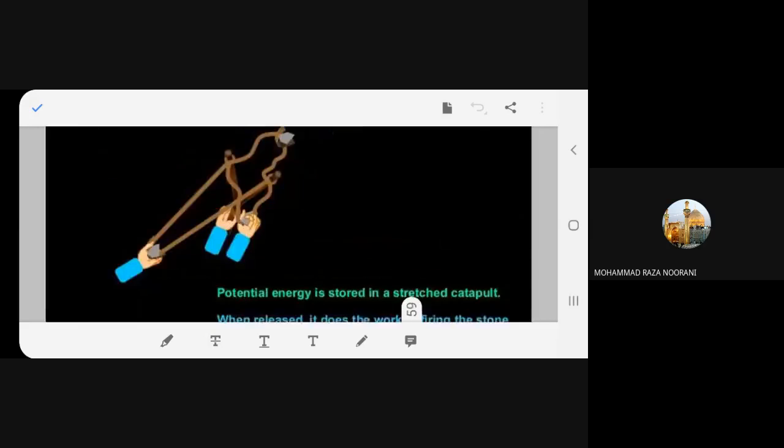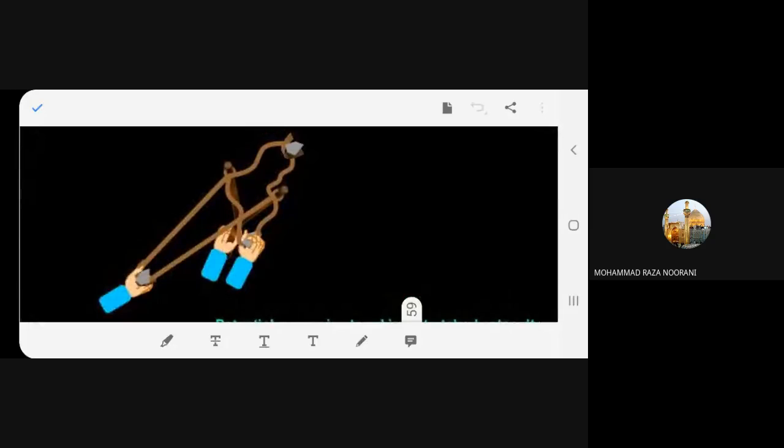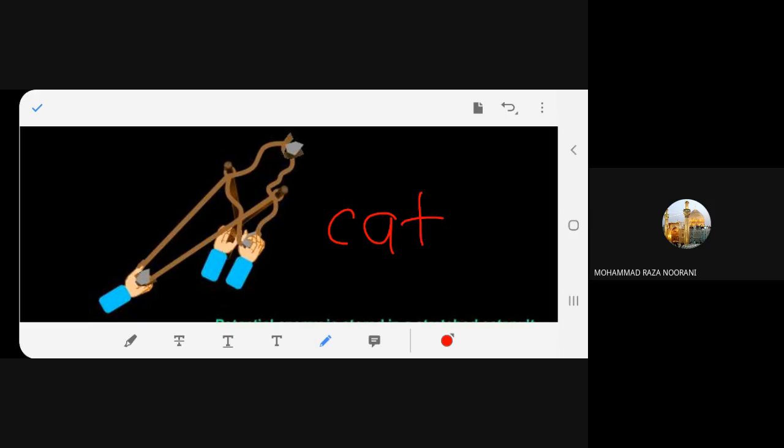Now we are going to talk about a catapult, what you call gulel. In Hindi, in our language, we call it gulel, but in English, it is called a catapult. So you are holding this catapult and you are placing a stone, and then you release it, and this moves like this.